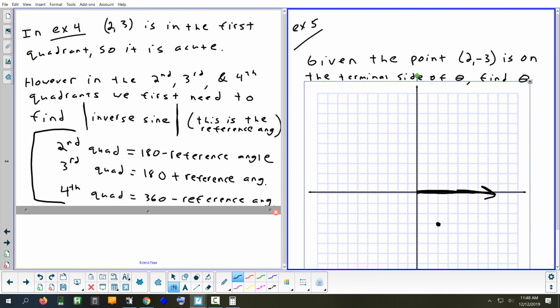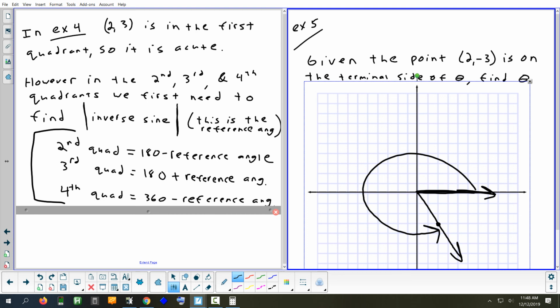There's your initial side in standard position. Here's your terminal side. Find theta. What they mean by theta is that. So what you're going to find first is your reference angle.